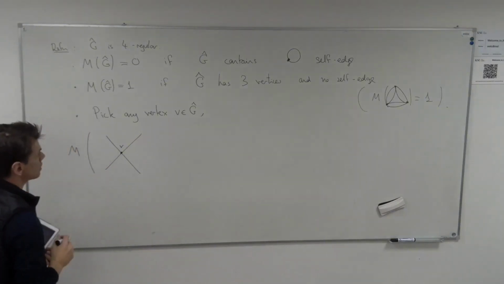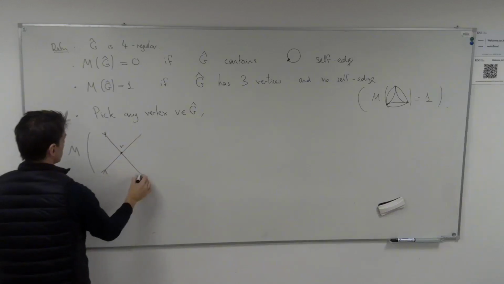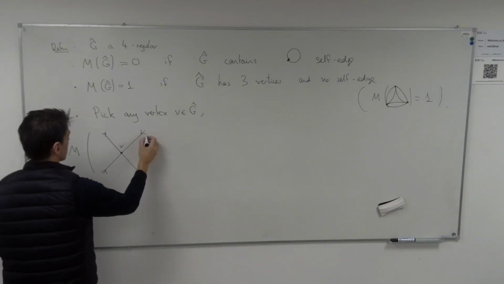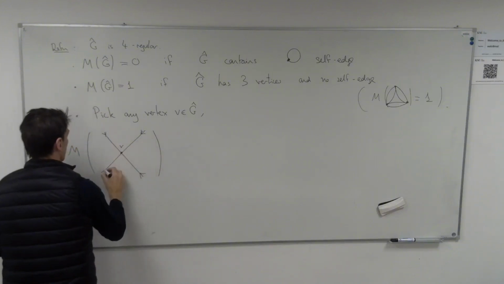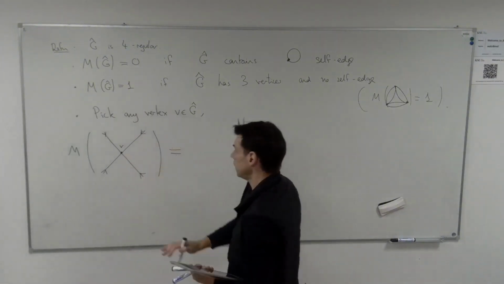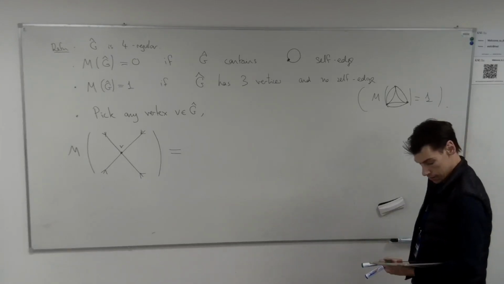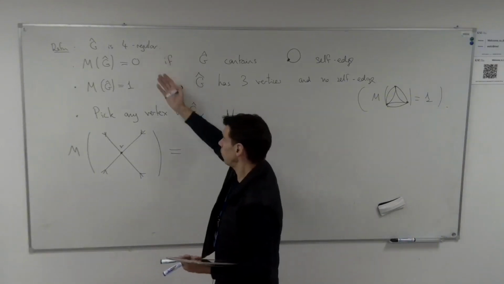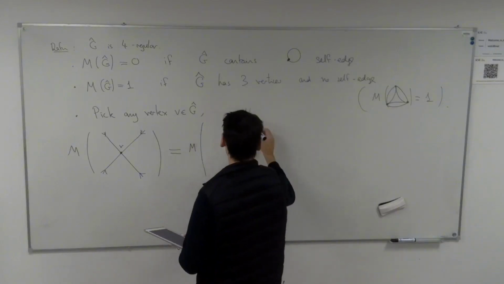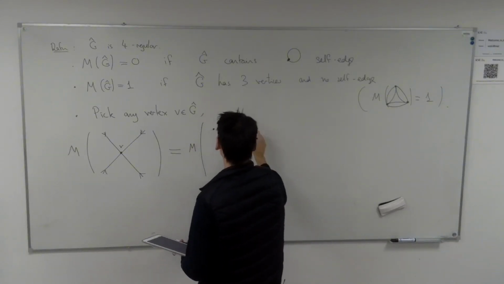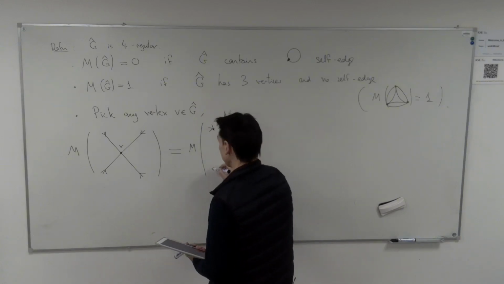So your graph looks like this. It has a vertex V which is 4 regular, so it has some edges coming off it. What you can do is delete this vertex to get a smaller graph and do an induction. But you need to stay in the world of 4 regular graphs, and so the only way to do this is to reconnect these vertices in some way.